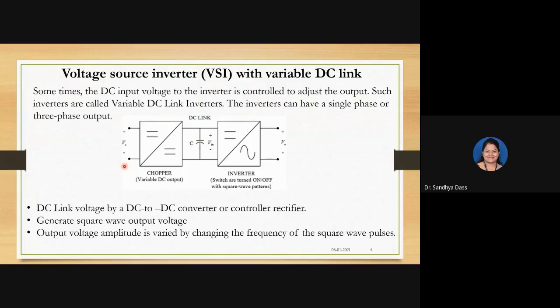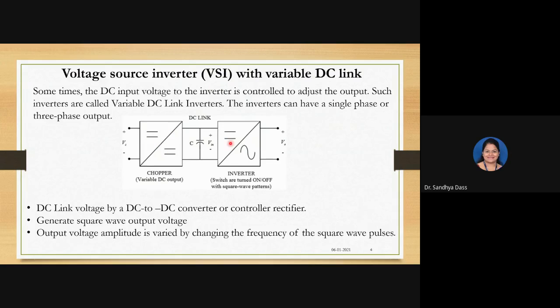So if you want to vary the level of the DC input so that you control the output AC signal, then, according to the variable DC link inverter type, you need some circuit to vary or adjust the DC input level. All right. So for that, mainly a converter or a chopper circuit will be used. So this symbol is a DC to DC converter, which is a chopper.